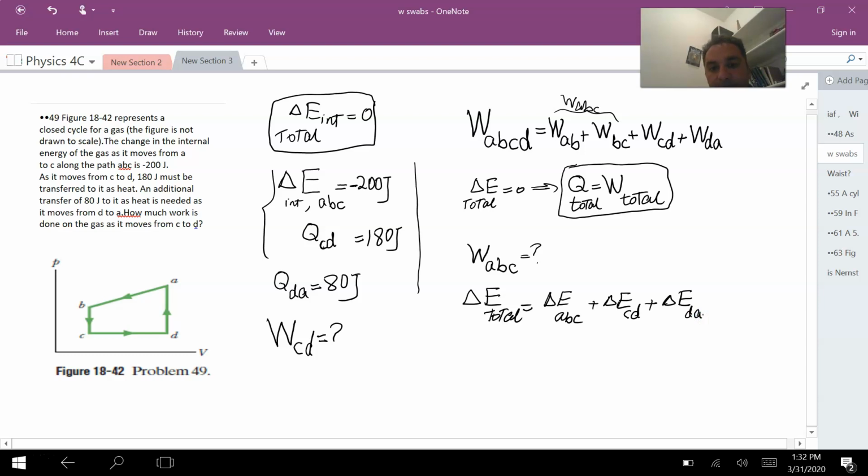There you go. So total energy is 0. Why? Because internal energy is 0. We know that delta E in the path of ABC is negative 200. Total energy in the path of CD, we don't have it, correct? And total energy in the path of DA.